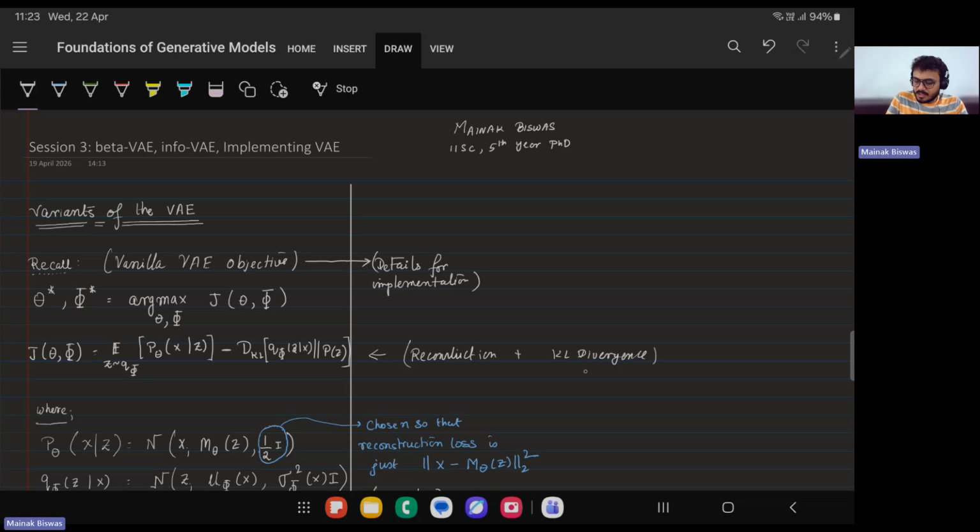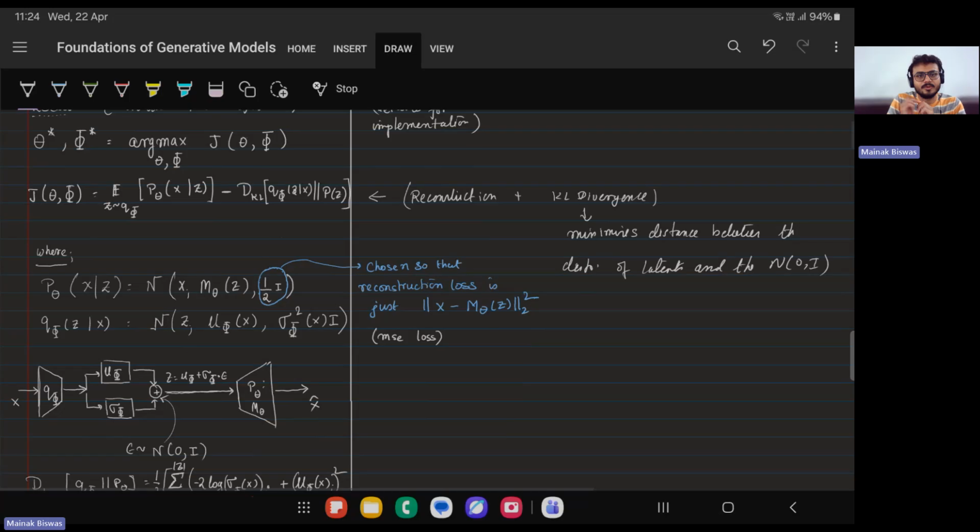The KL divergence minimizes the distance between the distribution of latents and the normal 0-1 distribution. Why the normal 0-1 distribution? Because at the end of the day, we want to sample from the normal 0-1 distribution and then use our decoder to get outputs.